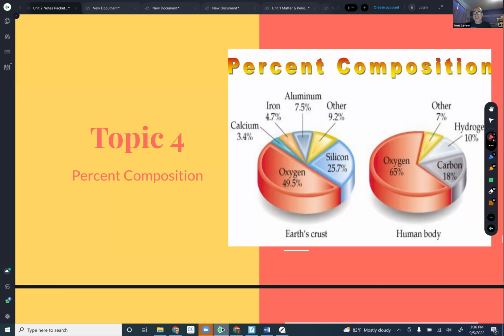Okay, percent composition. It is just a simple analysis of what percentage a specific element makes up of an entire compound. You could talk about this in terms of things you understand, like the human body. We all know they say it is about 80% water.